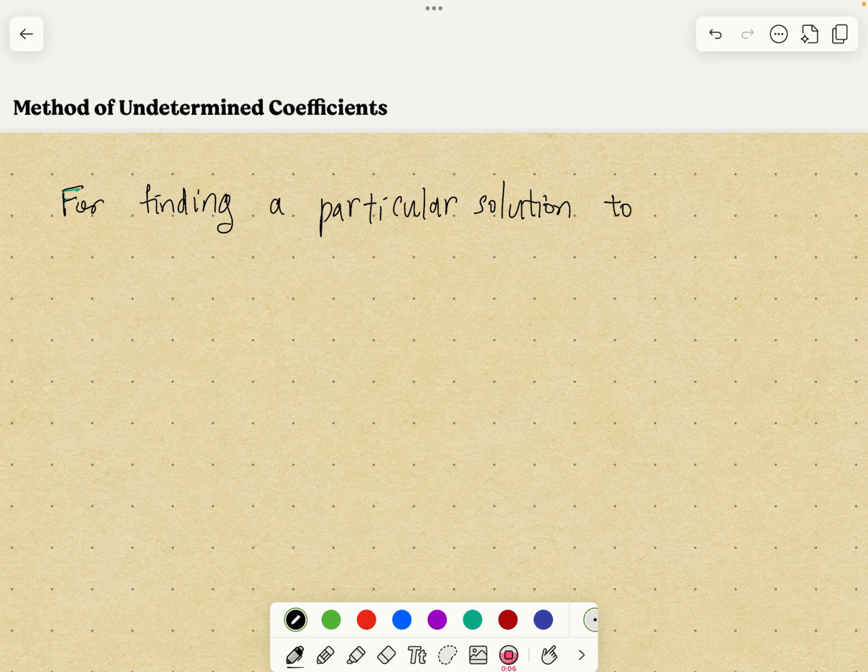Finding a particular solution, let's call it yp, to, let's say, the second order linear differential equation with constant coefficients. Well, we know how to do this when the right-hand side is 0, but what happens if you just have a function of t?